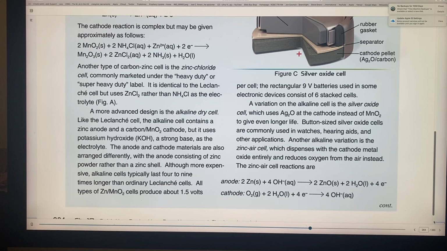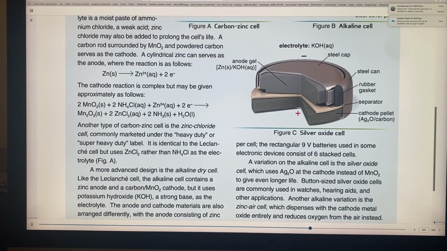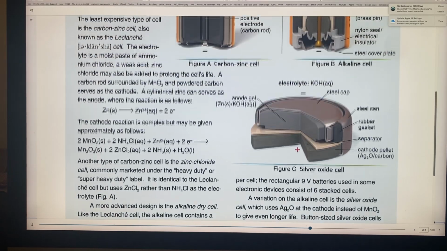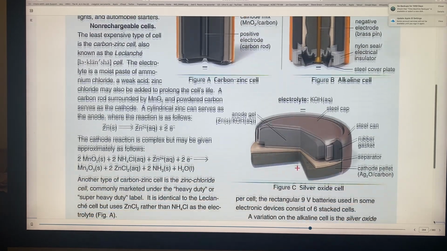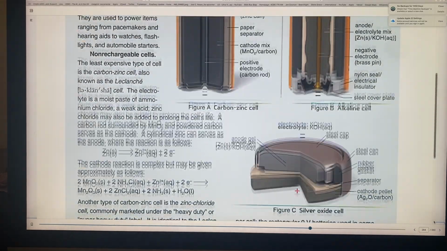You can take these 9 volt batteries and stack them up. So you have the alkaline dry cell, the zinc chloride cell, and the Leclanche cell. There are like 3 different kinds of cells there.